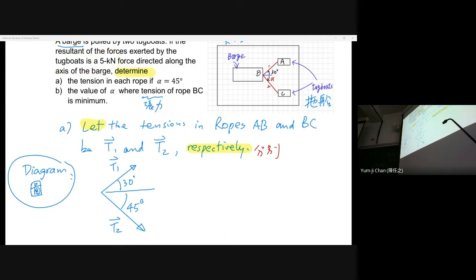Along the axis is this one. So it means T1 plus T2 is this one.